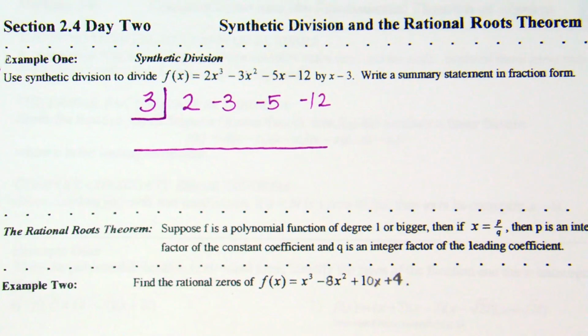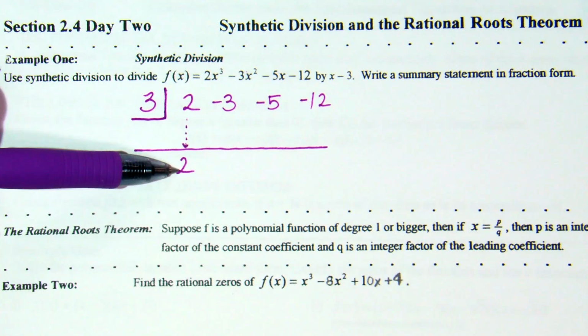Do you remember the first step? Not the 3. We're going to drop the 2 down. Your first step is always to drop the first number in what you're dividing. That's the first number in my answer. Then it's always multiply, add, multiply, add.